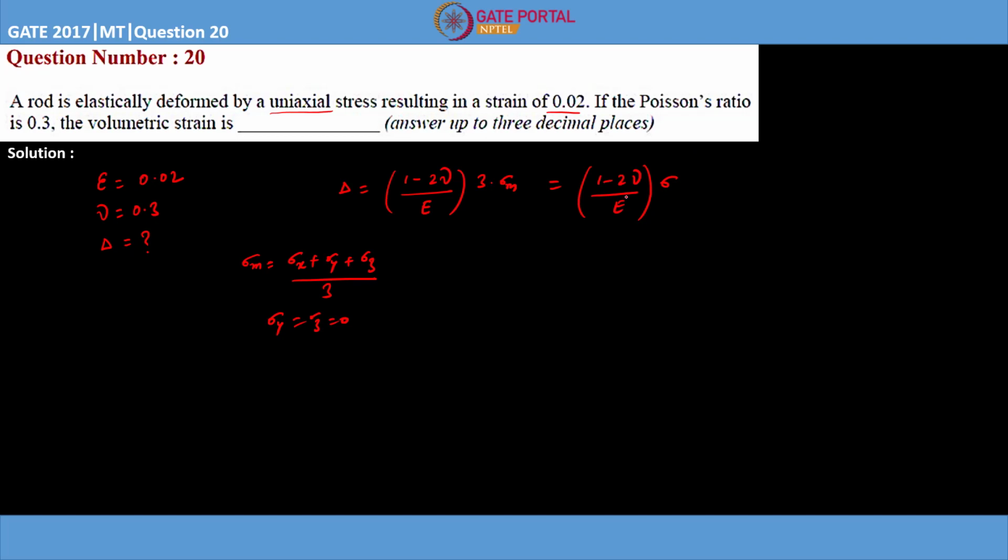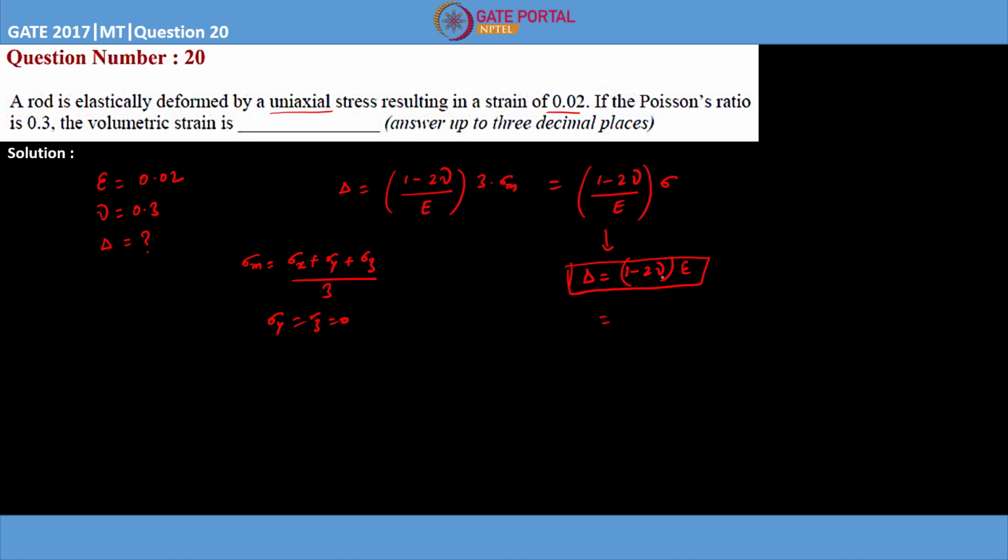So sigma upon E. If you further simplify it, we will get volumetric strain equal to (1 minus 2 times Poisson's ratio), and stress upon elastic modulus is nothing but the value of strain coming from the uniaxial stress. So this is the relation which we will be using for solving our problem.